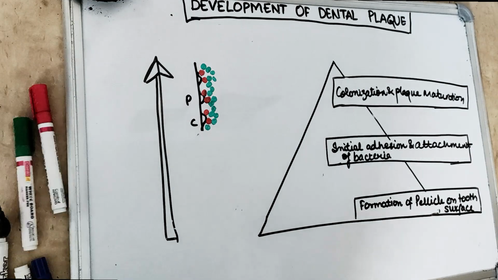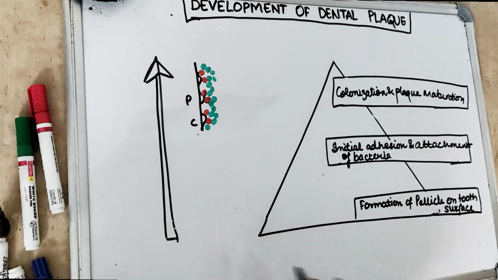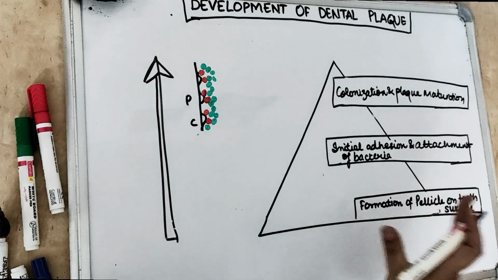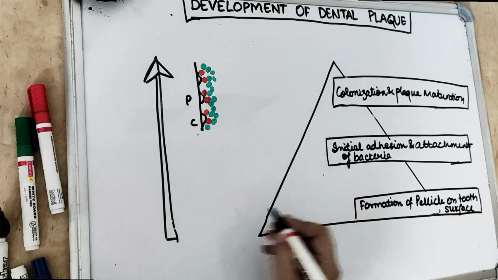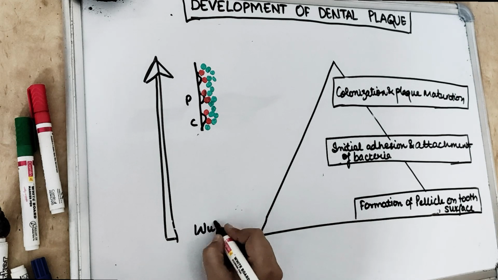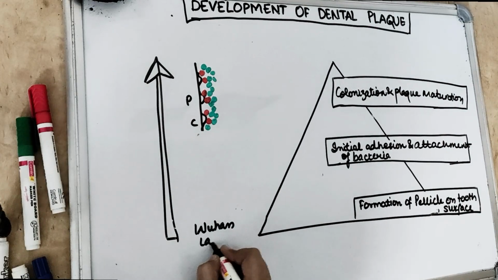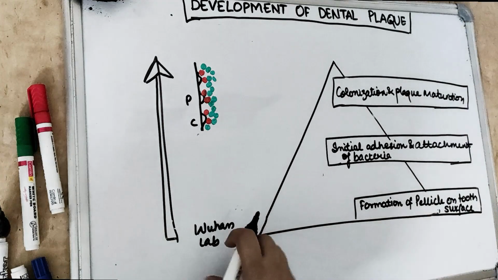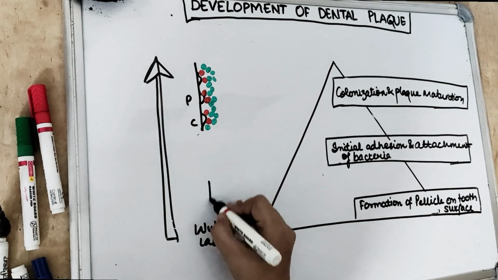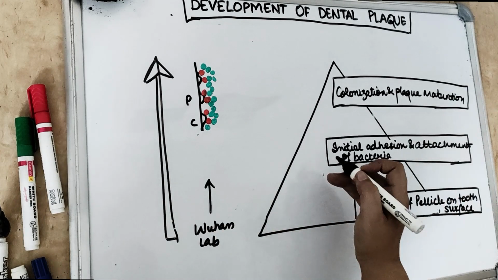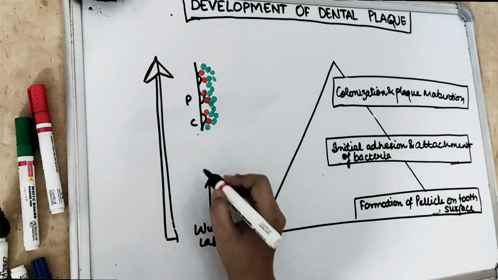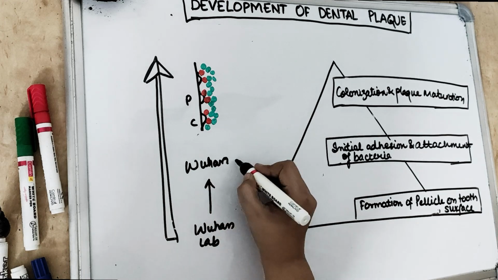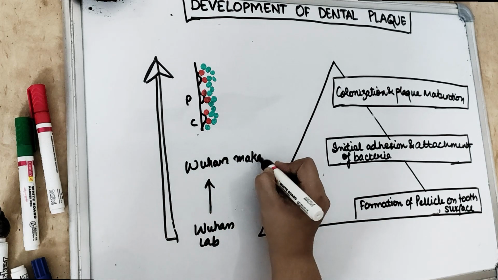To make it easier for you to understand, you can remember it this way: the spread of the coronavirus, as it spread from the Wuhan lab. The Wuhan lab, where it was prepared, was the formation of the pellicle, and then later when it adhered and attached to the people, that was the Wuhan non-veg market.